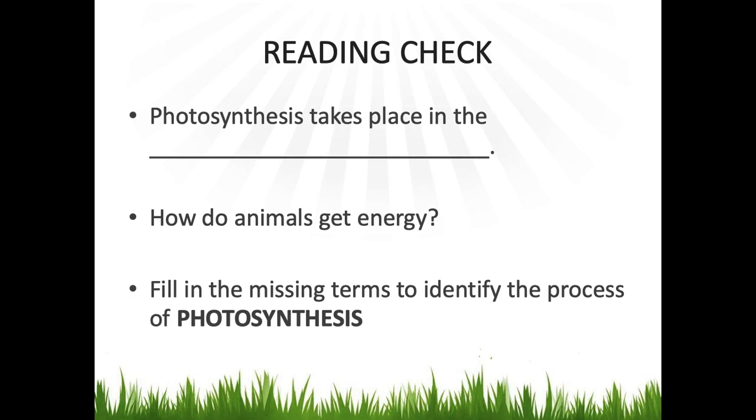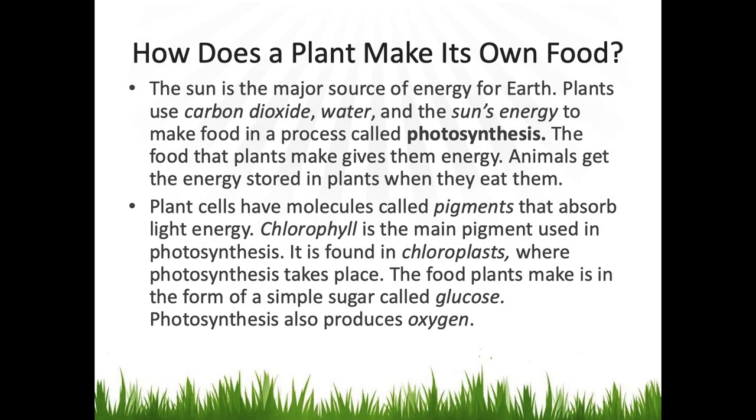Where does photosynthesis take place? And how do animals eventually get energy that is trapped from the sun? And what are the steps of the process of photosynthesis? Go ahead and read the excerpt now. You can find it in the note-taking guide, or just pause the video here and read that.